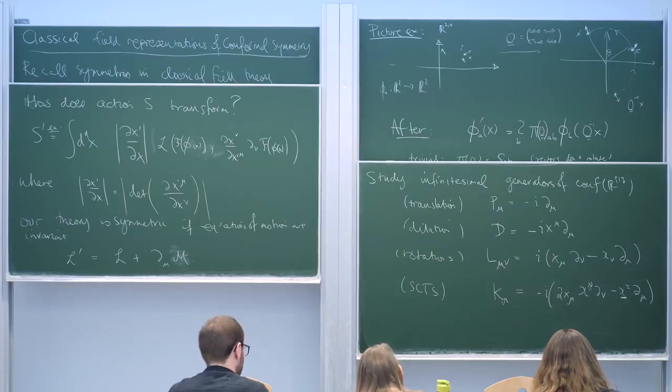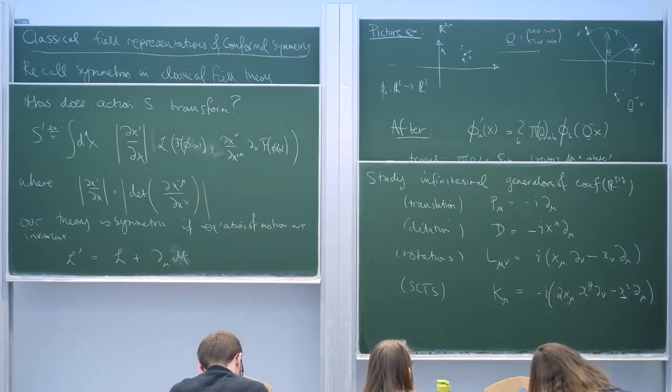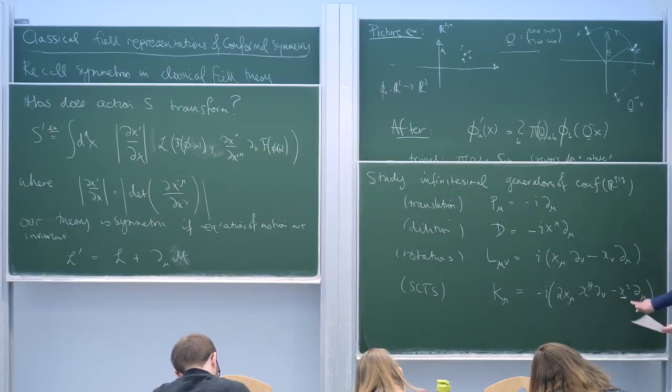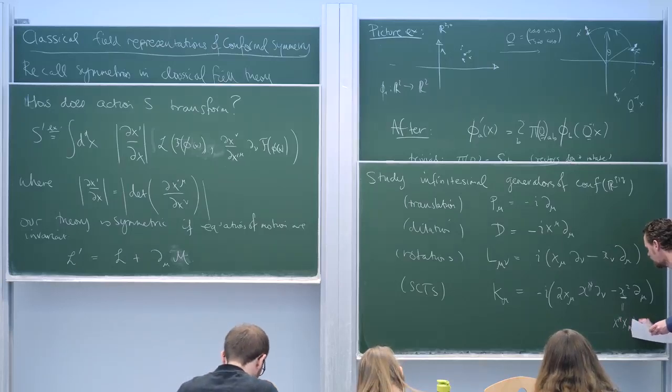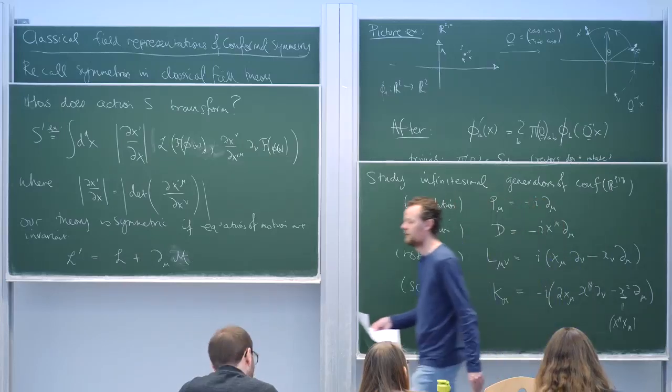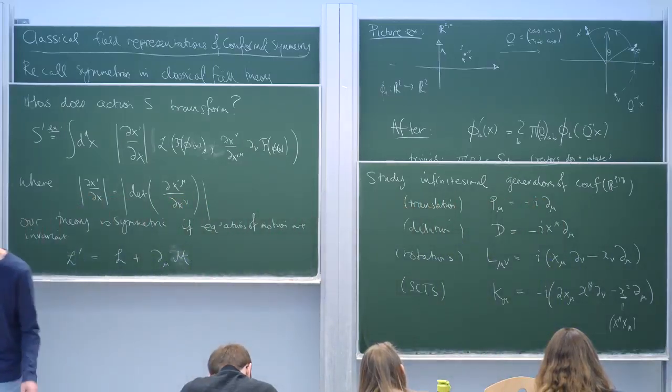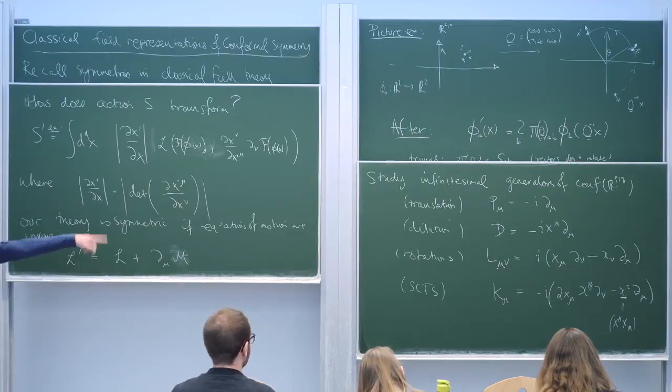Okay, those are the infinitesimal generators of the conformal group. So every conformal transformation is a product of one of these, and infinitesimal ones are going to be commutators of these.